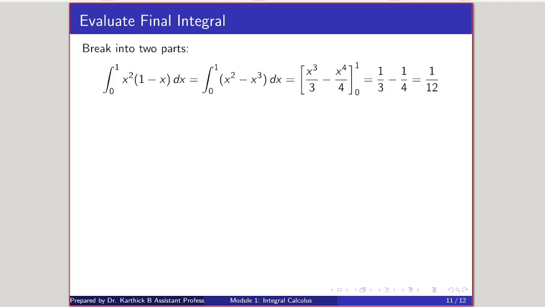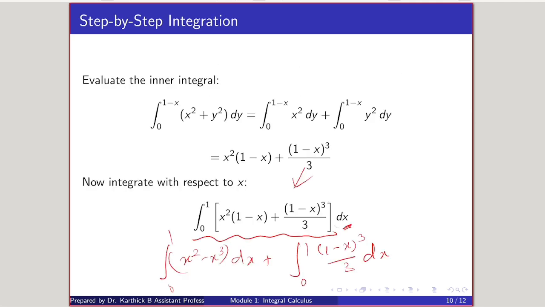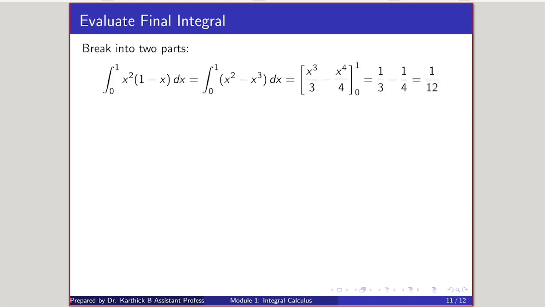I'm taking the first part alone. Integrating x square with respect to x gives x cube by 3, and integrating x cube gives x power 4 by 4. If I apply the limits, I'm getting 1 by 3 minus 1 by 4, equal to 1 by 12.